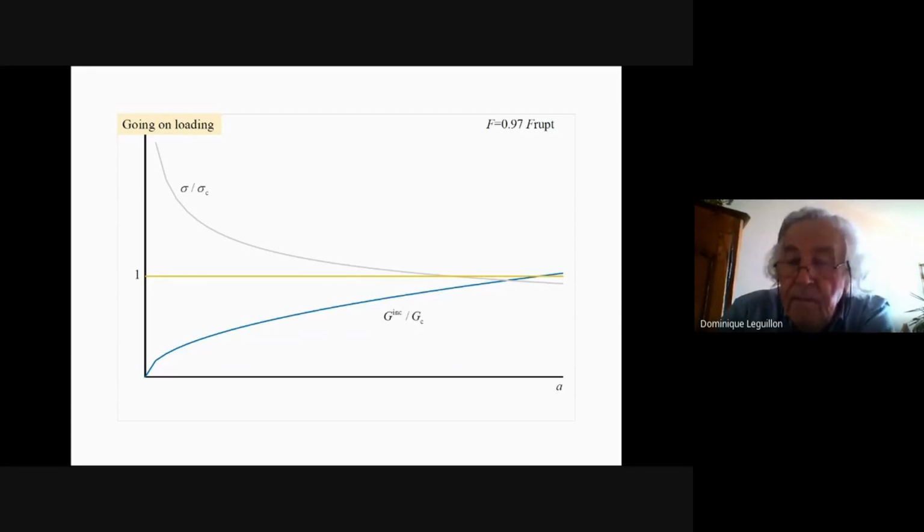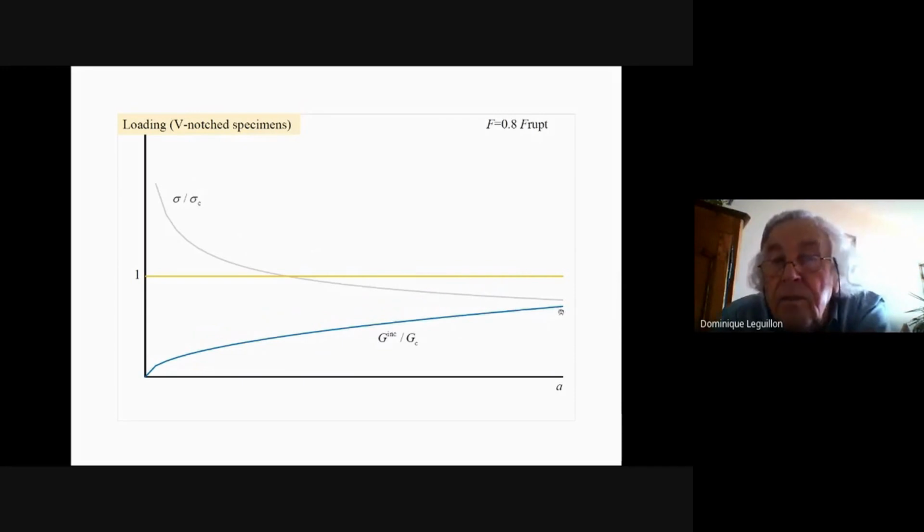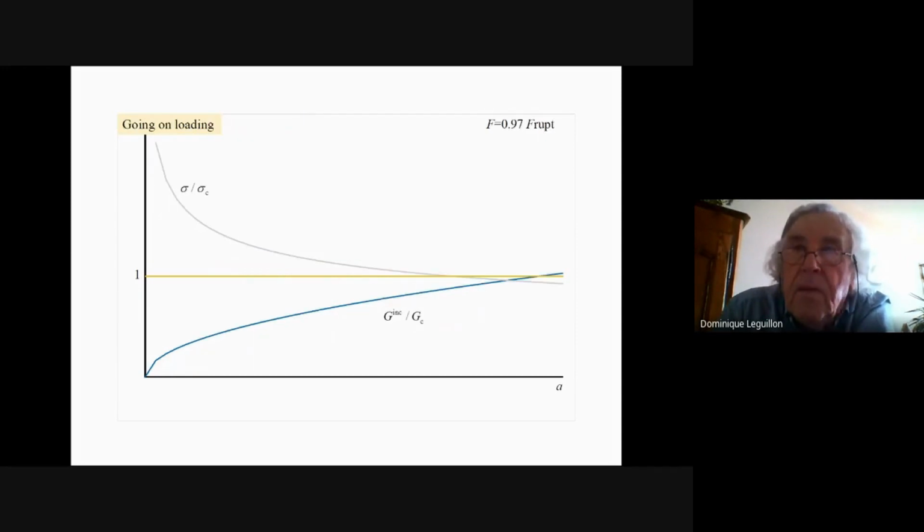And even if you consider the previous figure, this will cut the horizontal line somewhere here. It means that even for a small load, if the crack is long enough, the energy condition can be fulfilled. And this is a problem. But when Hashin and Nairn used the energy condition, they were clever enough to be in a situation where it was the energy that governs the mechanism.